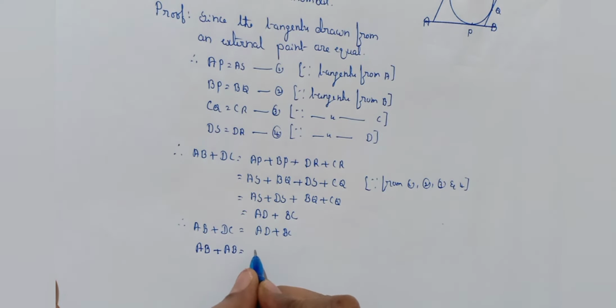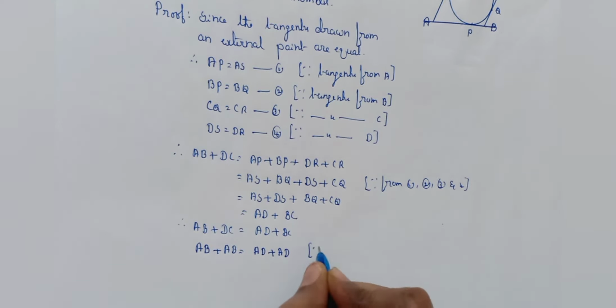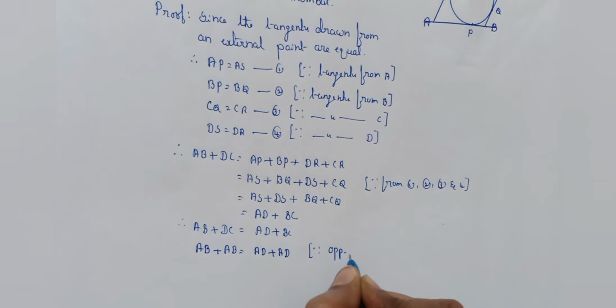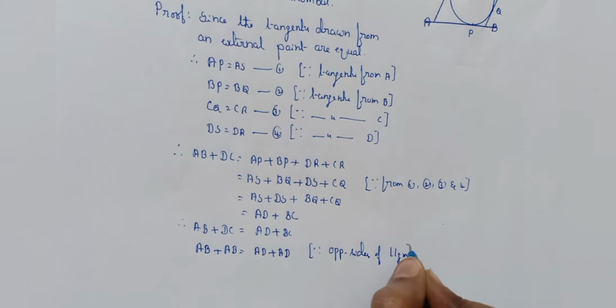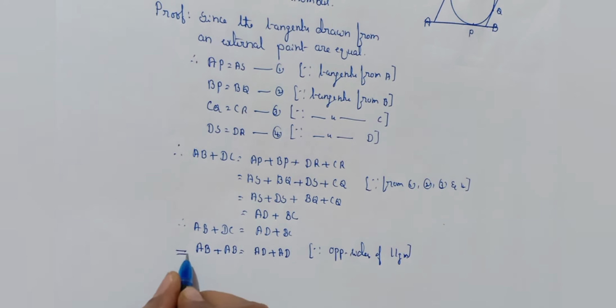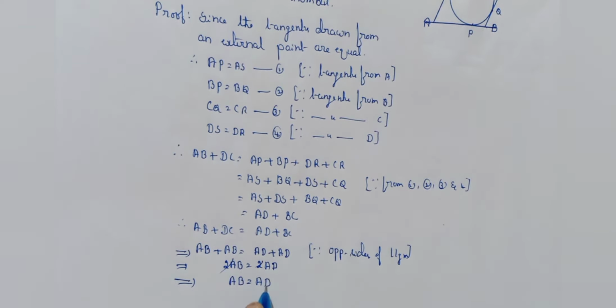So, we can write AD plus AD, because opposite sides of a parallelogram are equal. So, AB plus AB, which is 2AB, is equal to 2AD. We can cancel this 2. AB is equal to AD. So here AB is equal to AD.